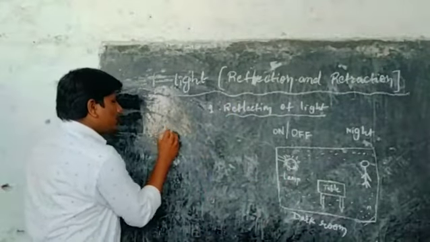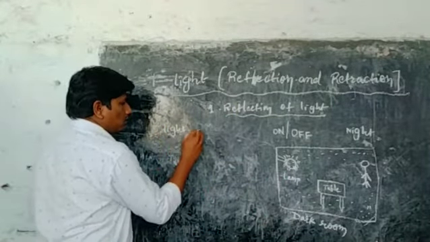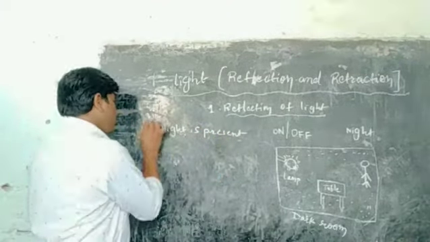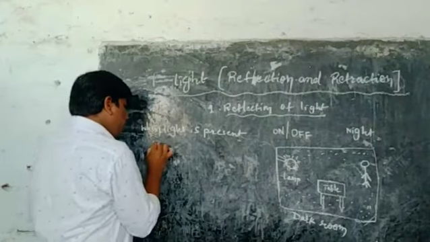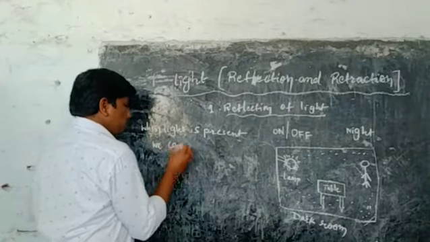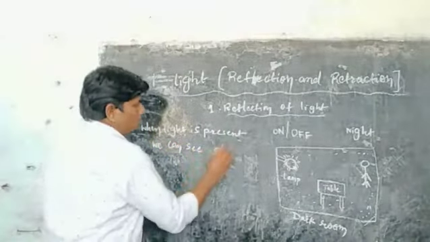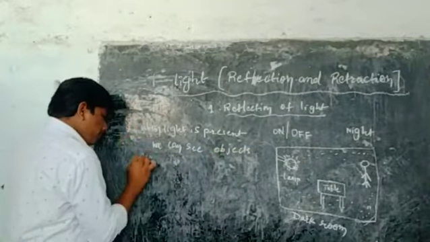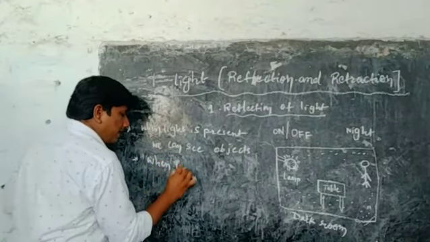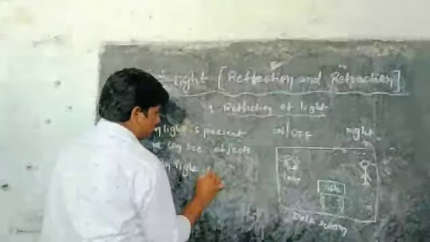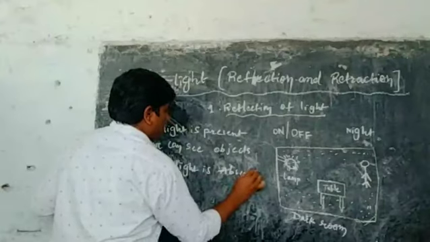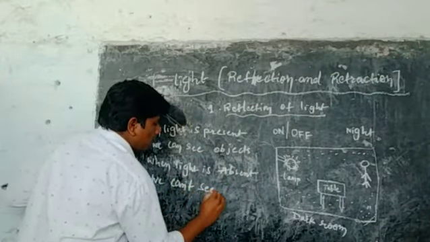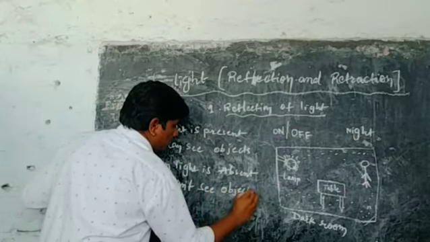When light is present, we can see objects around us. When light is absent, we cannot see objects around us.